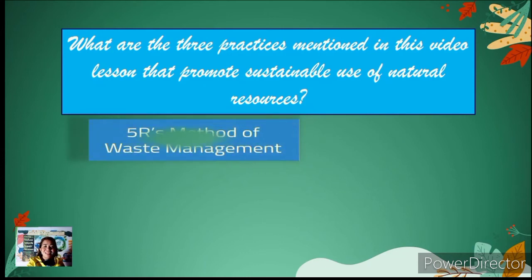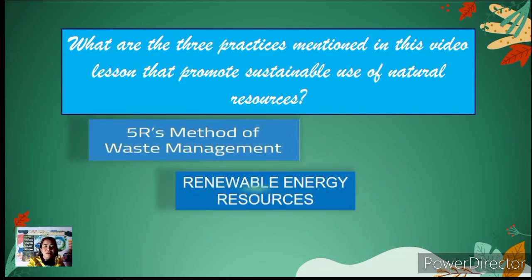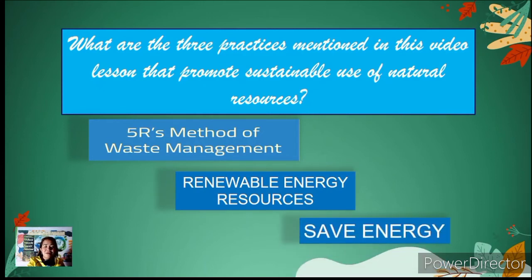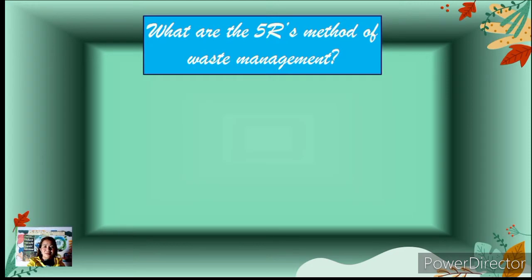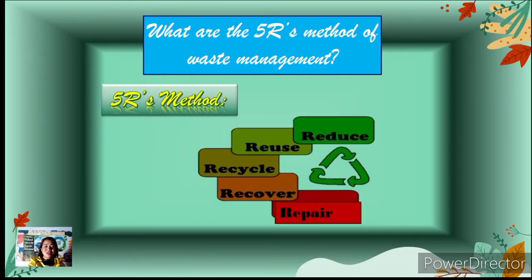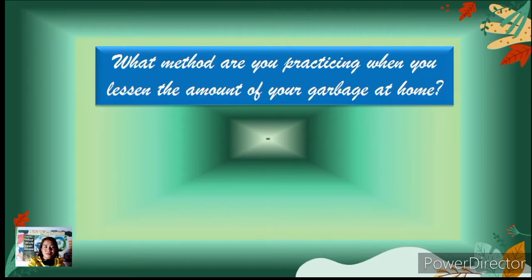Very good. These are 5Rs method of waste management, renewable energy resources, and save energy. What are the 5Rs method of waste management? Very good. The 5Rs method are reduce, reuse, recycle, recover, and repair.